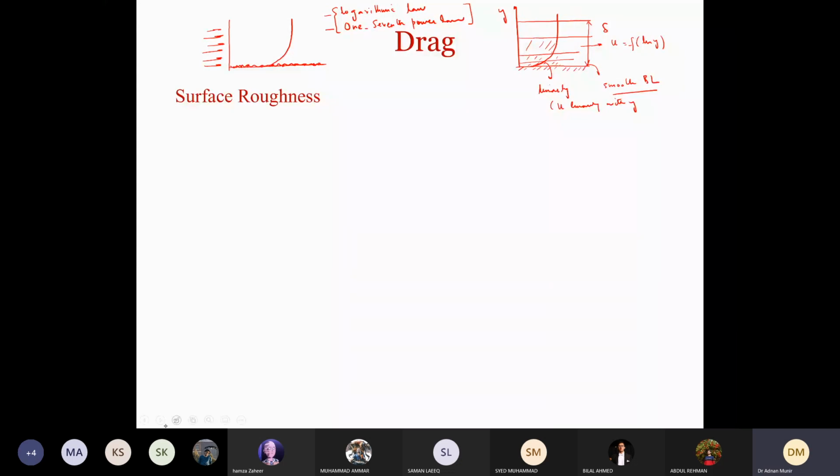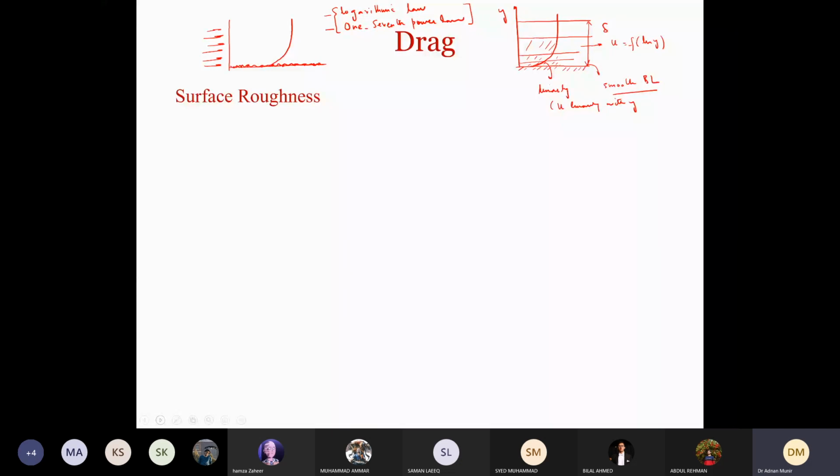Now clearly you can see that the boundary layer in the case of a smooth surface and in the case of a rough surface is different. Since the boundary layer is different, the shear forces associated with the boundary layer will also be different in both cases, right?